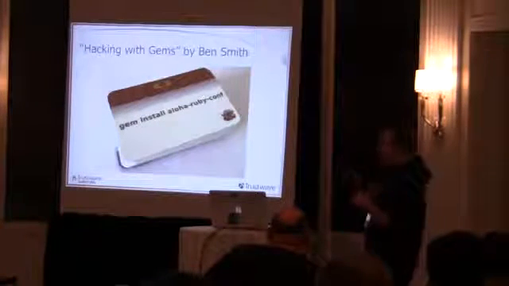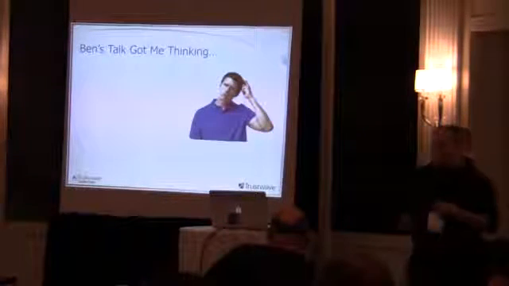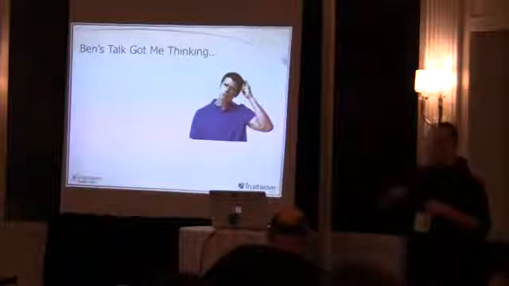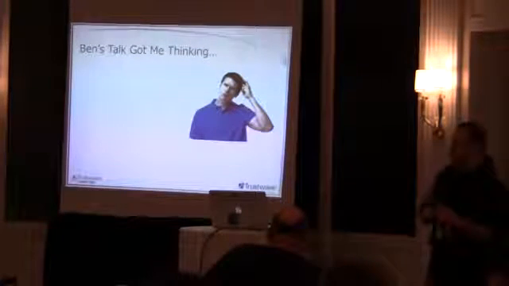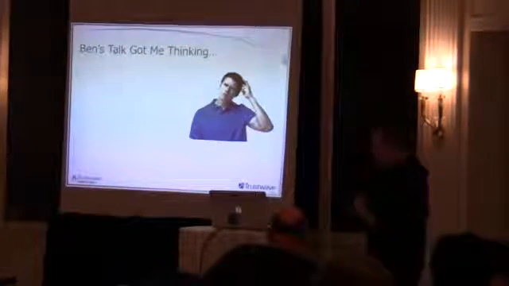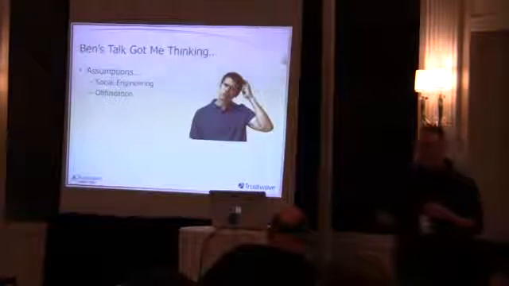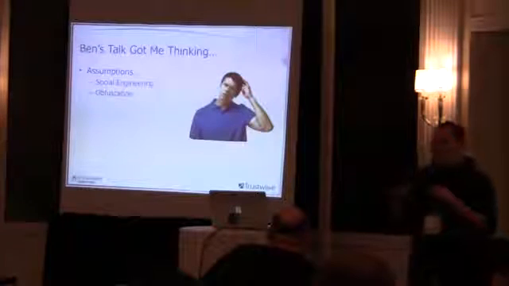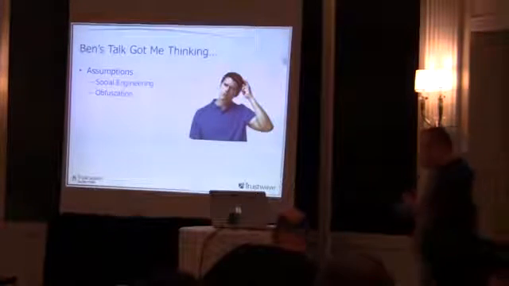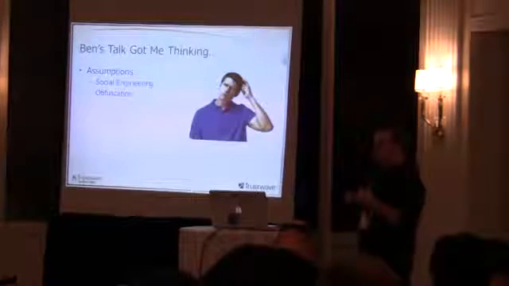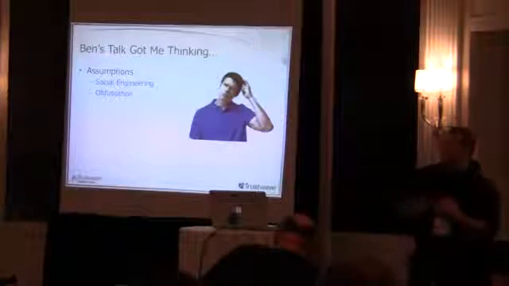So I thought Ben's talk was pretty cool, and it really got me thinking about what things I could do that spring off of Ben's idea, and it was the impetus for giving this talk. One of the assumptions about Ben's talk was that it assumed there was some social engineering aspect. There's something I need to do to convince you to install my code.